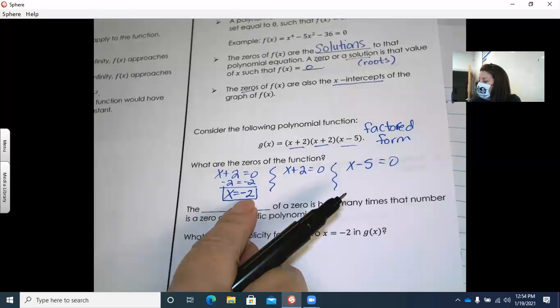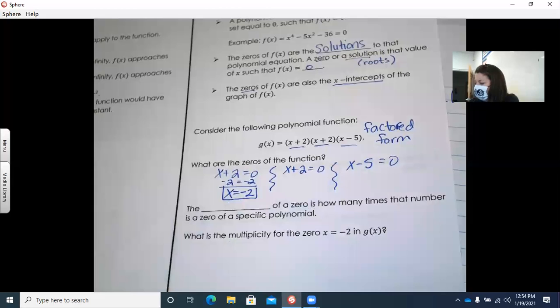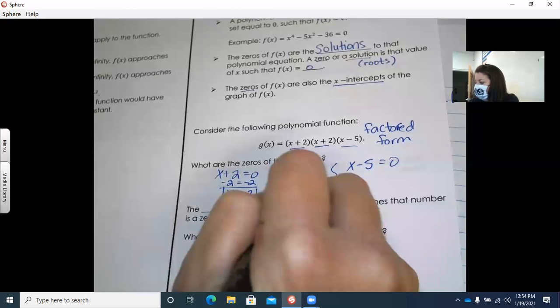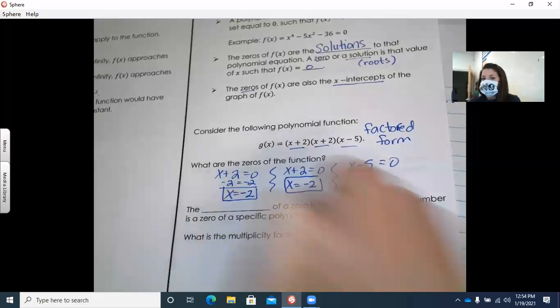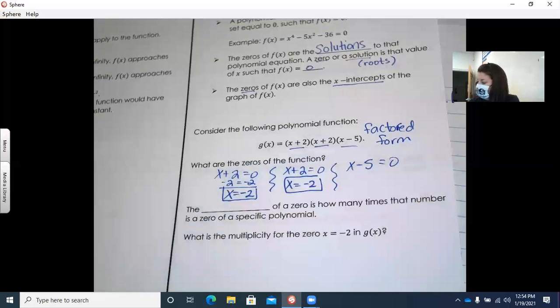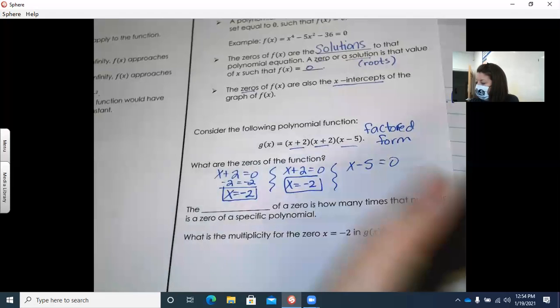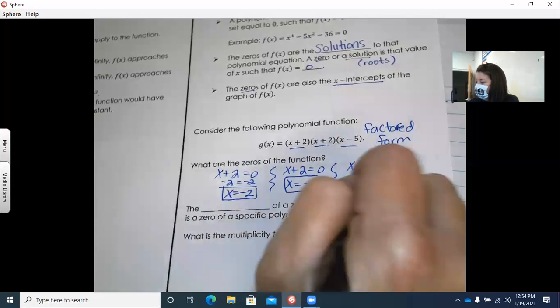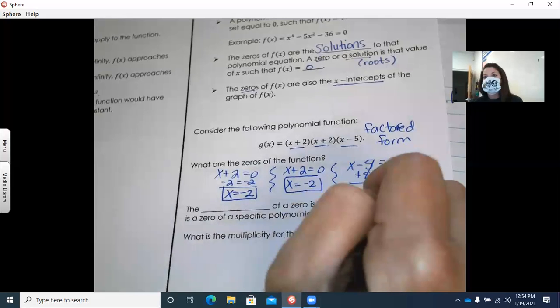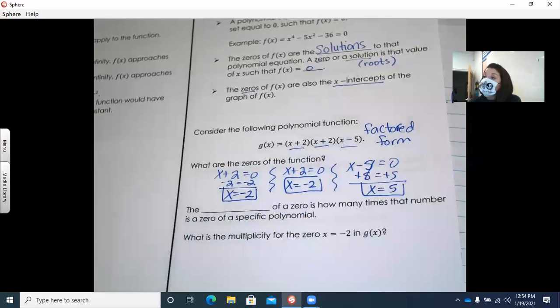Well, isn't the next one going to have the exact same solution? Yeah, same factor, same solution. And what's x going to equal on the last one? 5, because if I add 5 to both sides, x equals 5. So I have 3 solutions, but 2 of them are the same, okay?